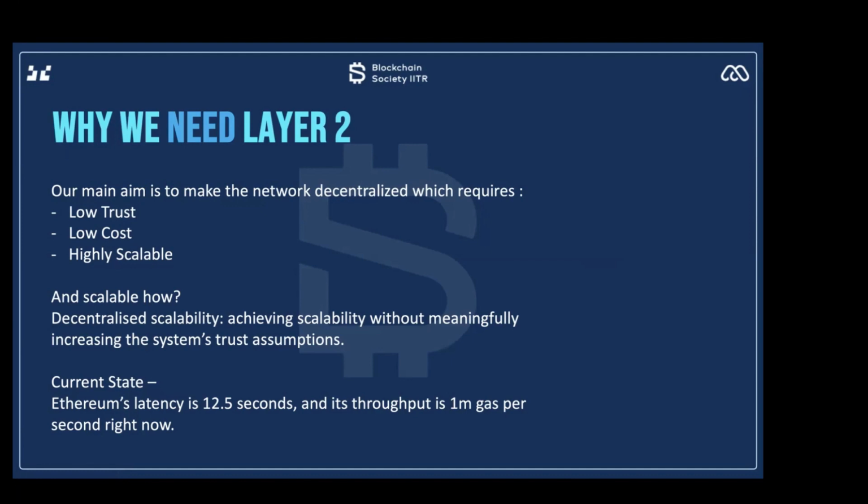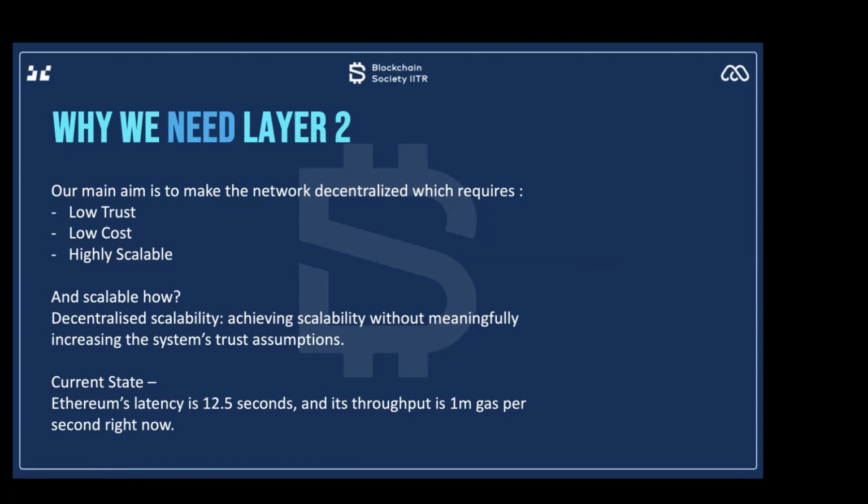That should not require any trust. The cost of running the system should be very low, because if there are high costs, then we have to trust the system, because if there is a loss, then who will be answerable? So the cost of running the system should be low, and the system should be highly scalable.